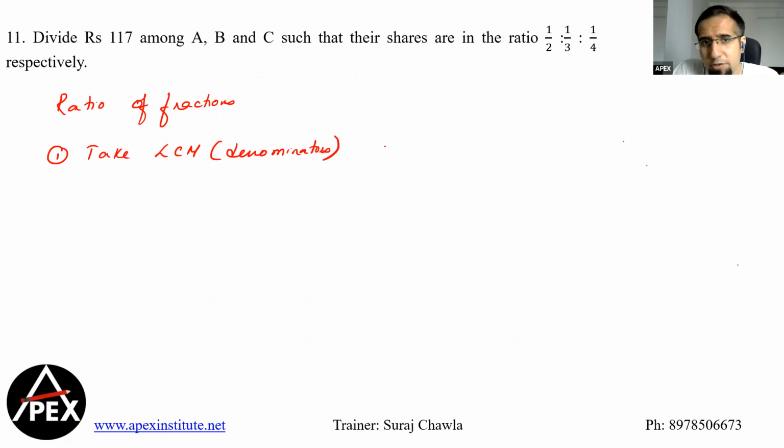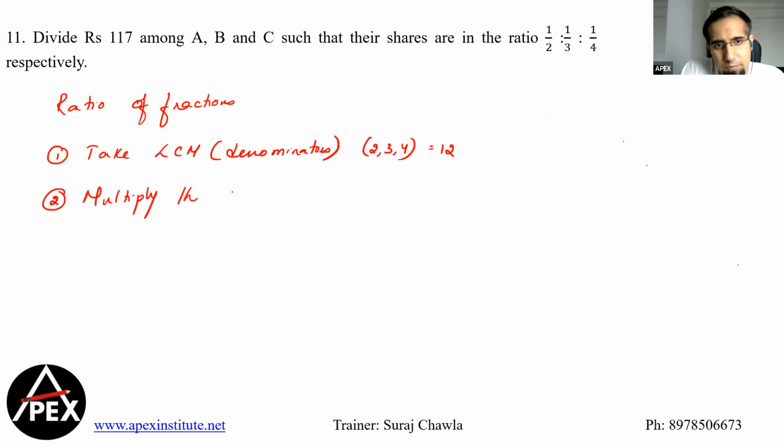What is the LCM of denominators here? 2, 3, 4. The LCM is equal to 12. Second step, multiply the LCM to each part of the ratio.